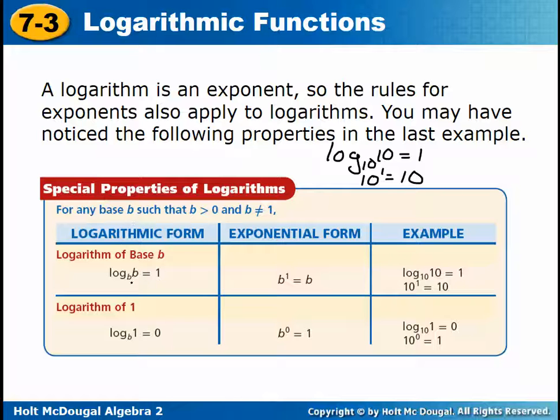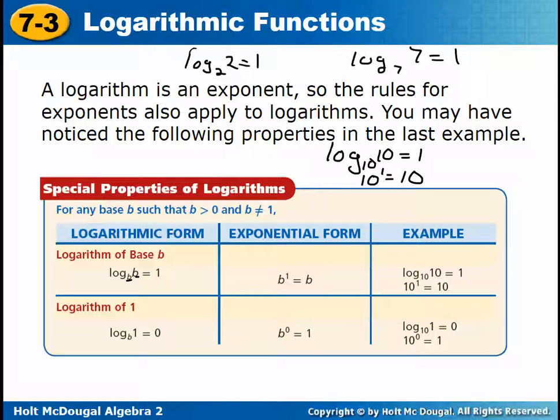So anytime that you have the base equal to what you're taking the log of, it will be equal to 1. So for example, log base 2 of 2 would equal 1, or log base 7 of 7 will equal 1.